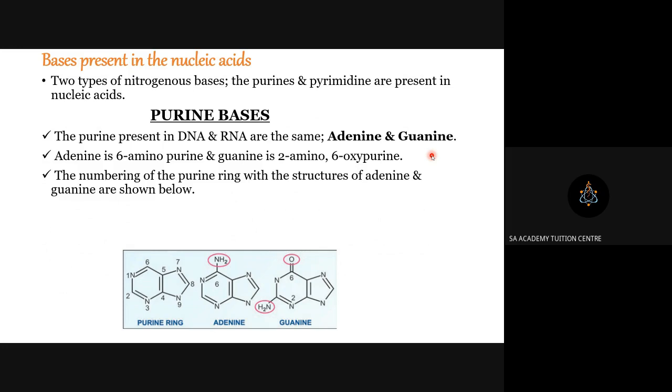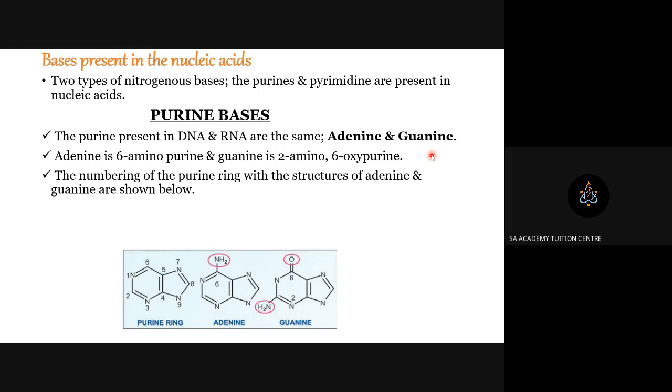In chemistry, adenine is a 6-amino purine, and guanine is a 2-amino 6-oxypurine. So the structure of adenine is a purine which has an amino group attached to it at position number 6.